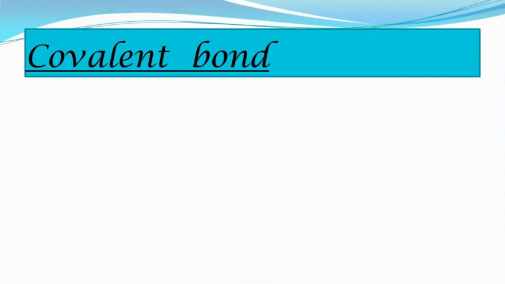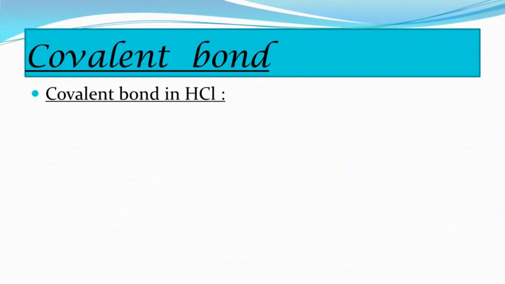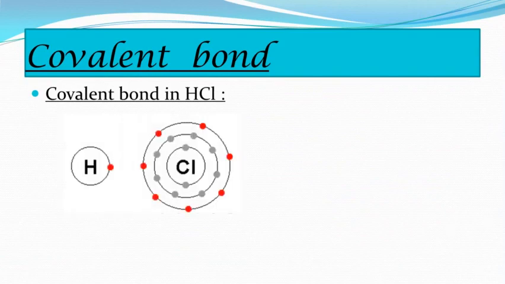Let's consider the third example, the covalent bond in HCl or hydrogen chloride. There is one covalent bond between the component atoms of hydrogen and chlorine in the molecule HCl. In chlorine the electronic configuration is 2, 8, 7.